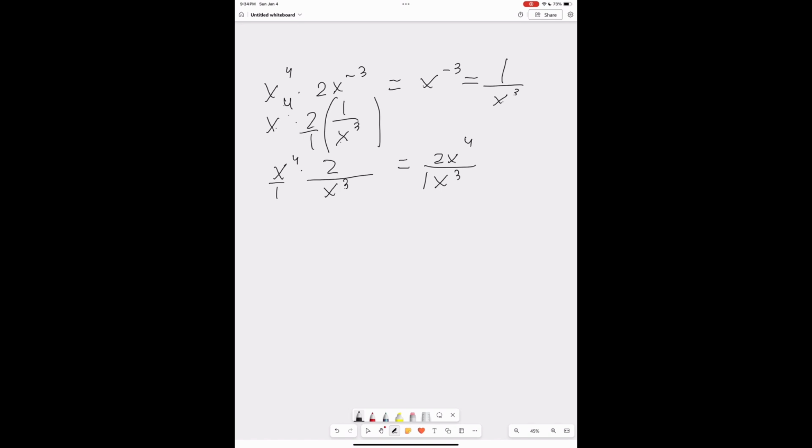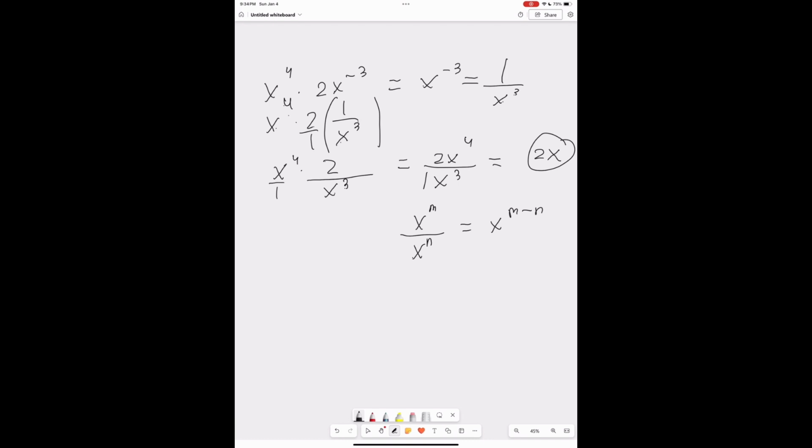Realize that we can use the quotient property rule, which says that x to the m divided by x to the n is equal to x to the m minus n. So we're going to get 4 minus 3, so we're going to get x. So it's going to be 2x. That's your final answer.